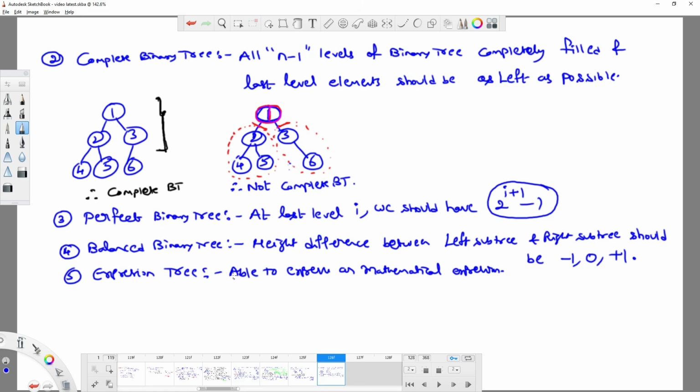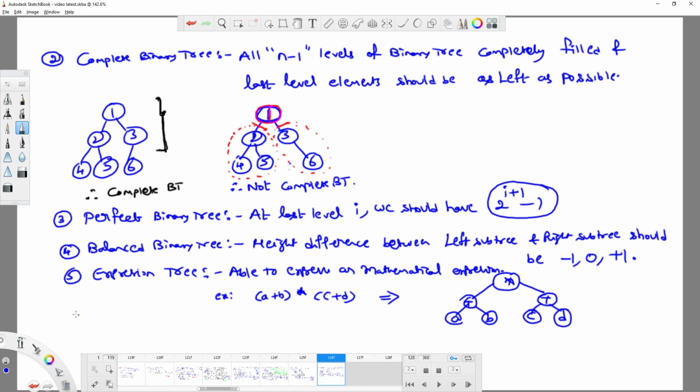For example, if I say a plus b into c plus d, this mathematical expression I can represent in the form of a tree, which is very, very useful. A plus B, C plus D, then the final result is going to be multiplied. This is what we call an expression tree.